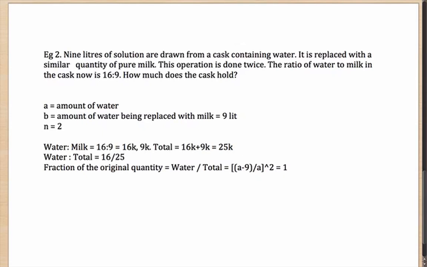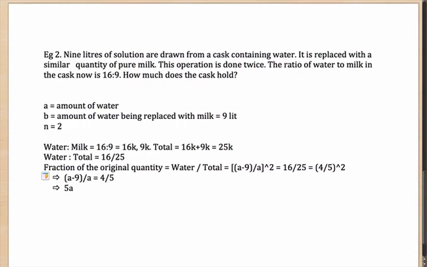So if I equate this with 16 by 25, what do I get? Here it is a perfect square. 16 by 25, if you realize, is 4 by 5 whole square. By solving this equation, I get (A minus 9) divided by A is equal to 4 by 5.